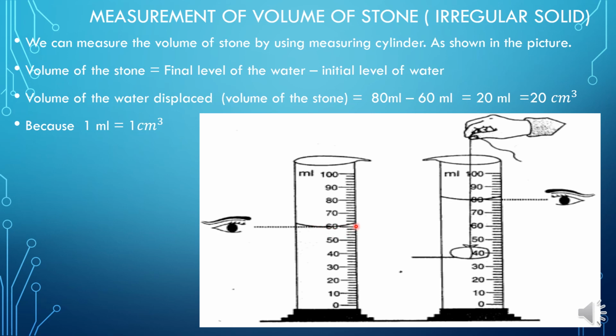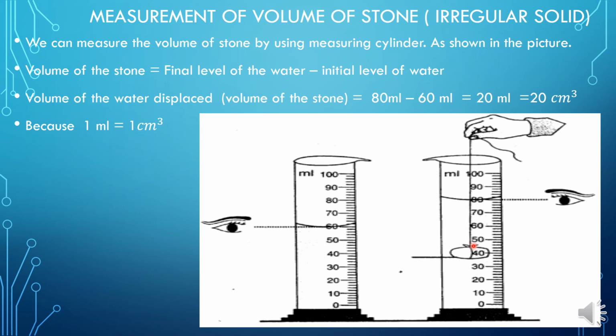This is 60 ml when there is no irregular body immersed in it. When we take the stone whose volume we need to measure, tie it with a thread and immerse it into the liquid completely, what happens?